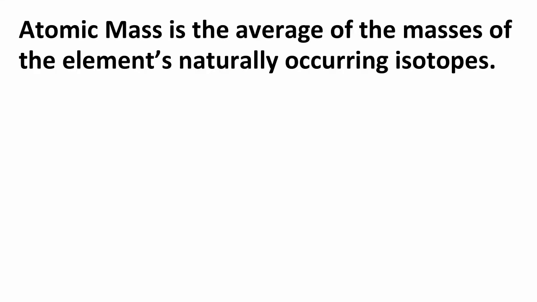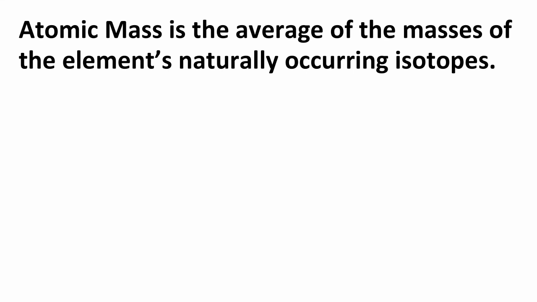Okay, now let's go back to this thing we mentioned before, atomic mass, that was noted as not quite the same as mass number. So what is atomic mass? Well, atomic mass is the average of the masses of the element's naturally occurring isotopes.